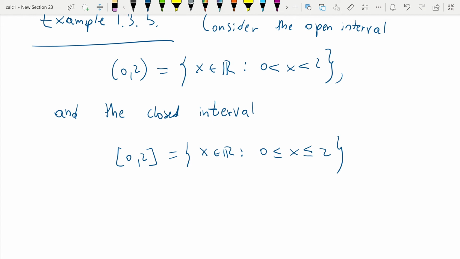But if we look at the rigorous definition of that set, we would need to check in principle whether or not 0 and 2 belong to these sets. It so happens that for the open interval, the endpoints don't belong to the set, and when you define the closed intervals, they actually belong to the set because you're allowing for the equal sign in both places.